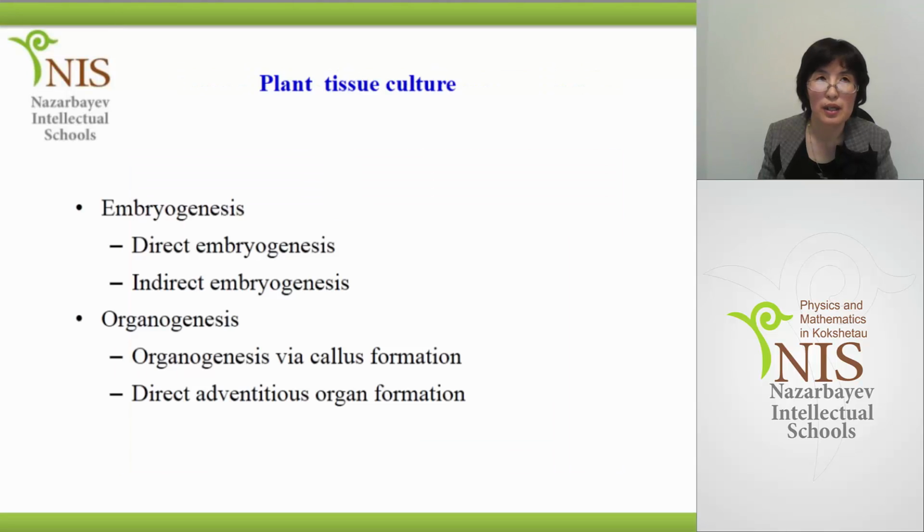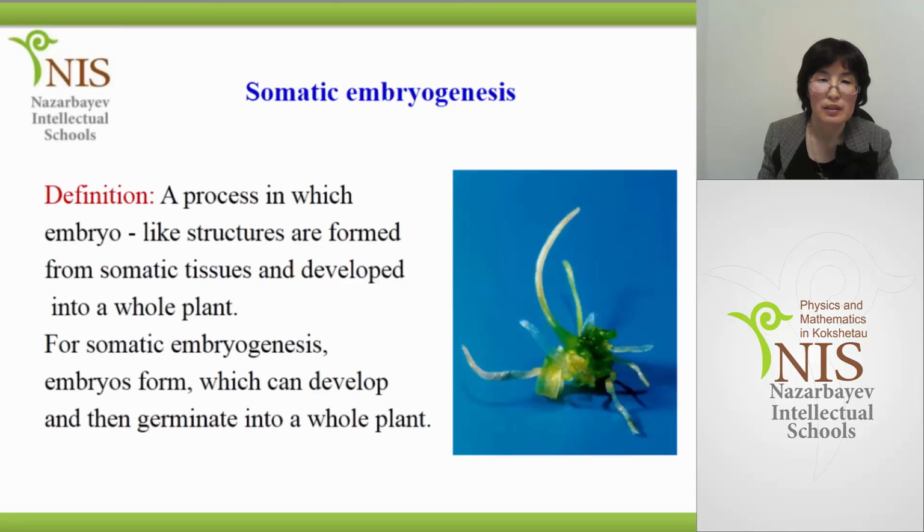Plant tissue culture is divided in two ways. First, embryogenesis: direct embryogenesis and indirect embryogenesis. Second, organogenesis: organogenesis via callus formation and direct adventitious organ formation.